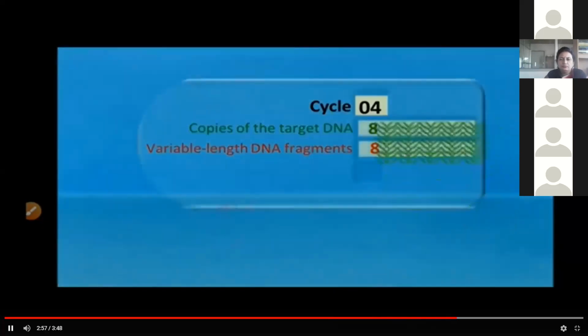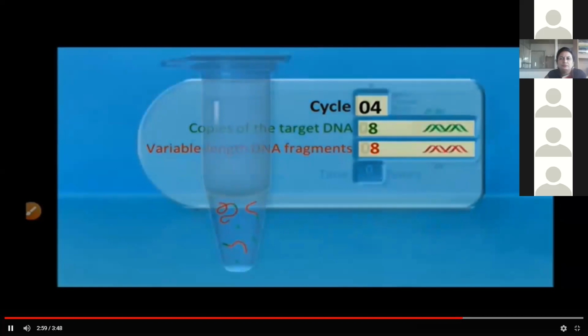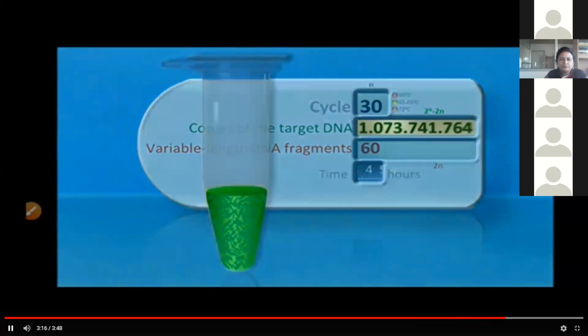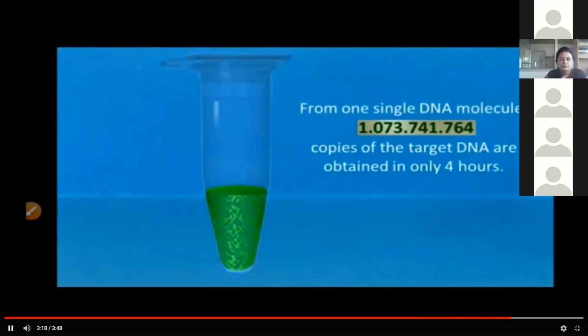As the number of cycles increase, the target DNA which we want to amplify also goes on increasing. You can see here the number of cycles are increasing, and the copies of target DNA that are produced, shown in green color, are also increasing. Within say 3 to 4 hours, multiple copies of DNA can be synthesized.